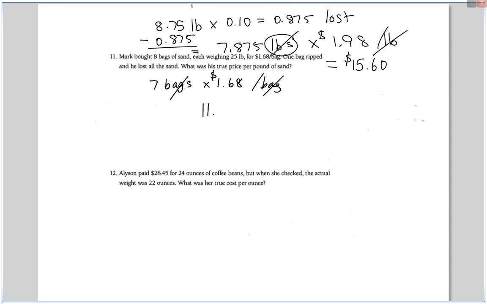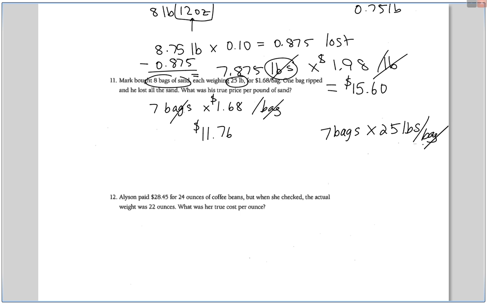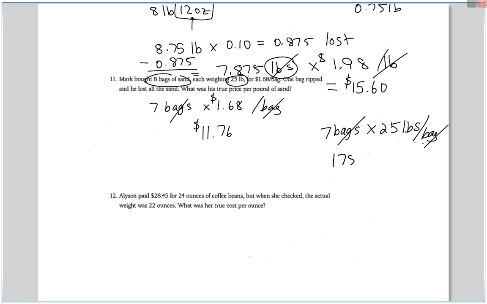And it looks like he paid $11.76. Now he bought 8 bags, lost a bag, so 7 bags, each weighs 25 pounds, so times 25 pounds per bag. Bag cancels, 7 times 25, 175 pounds of sand.